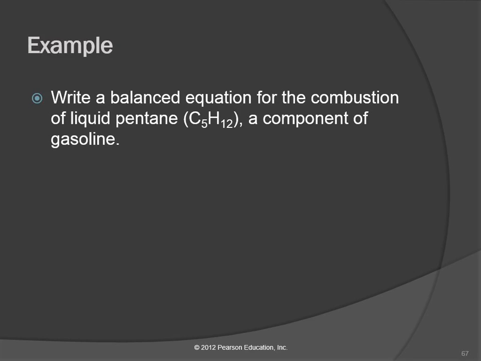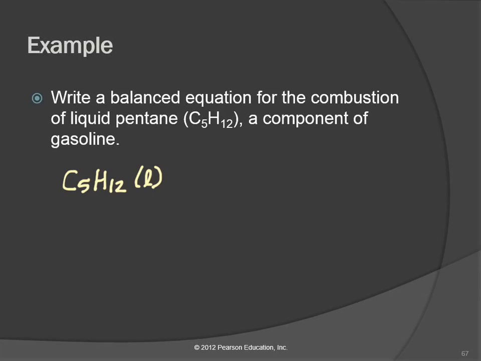So let's write a balanced equation for the combustion of liquid pentane. There's no way you would know what the formula for pentane is, so it's given to you there. So here we've got pentane, C5H12. We're just practicing with our state symbols. What's the state of this? It's a liquid. We're told that in the equation. So this is a combustion reaction.